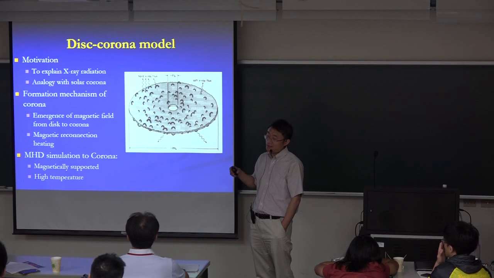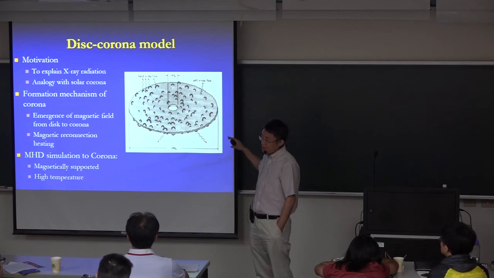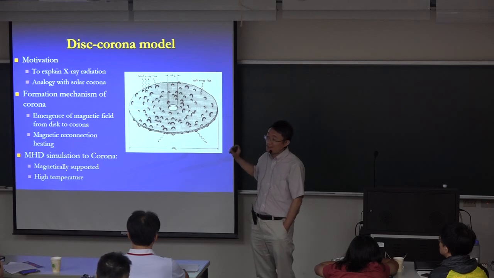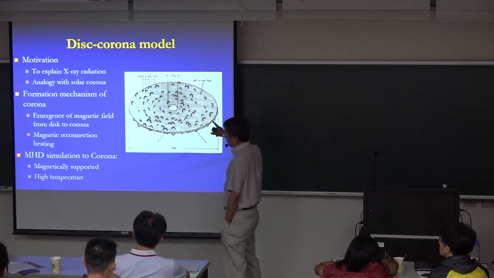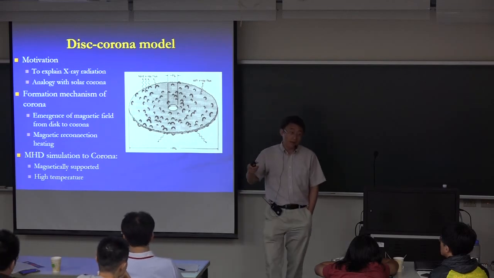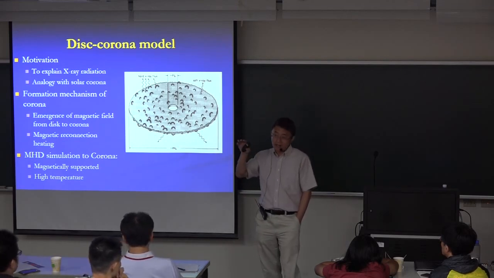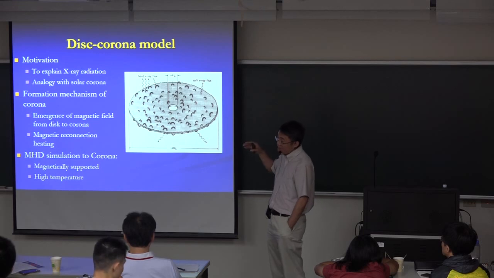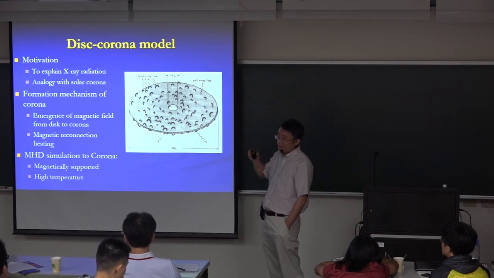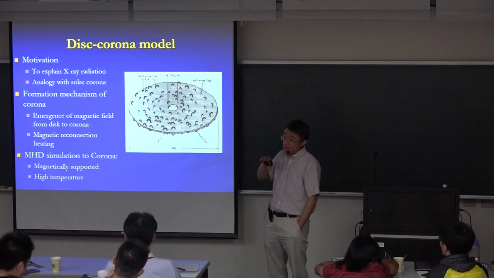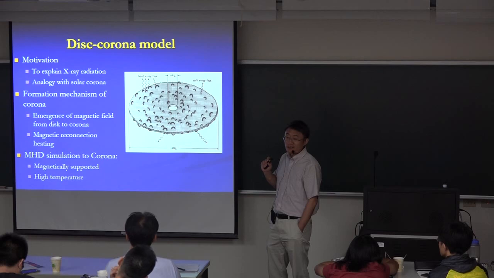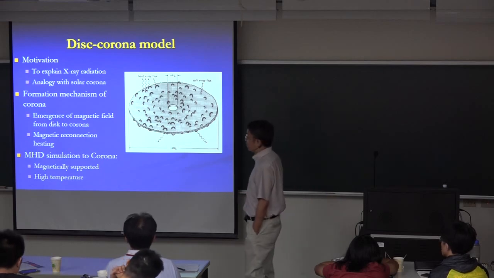Unfortunately, the result so far is that this picture seems not to work. Specifically, they found that the temperature of the corona is not high enough, and the matter within the corona is not enough. They cannot explain the observed strong X-ray radiation, and can only explain some very weak X-ray radiation. This is the current situation.